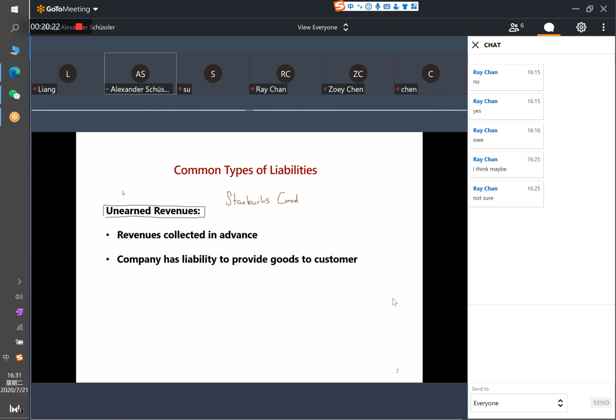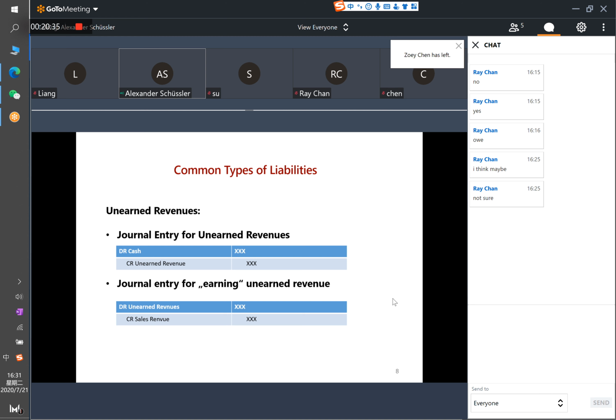Then we have, sorry, these are the journal entries for unearned revenues. Let's say the first journal entry is when the customer goes to Starbucks and buys the Starbucks card. What does Starbucks get? It gets cash. You debit cash.